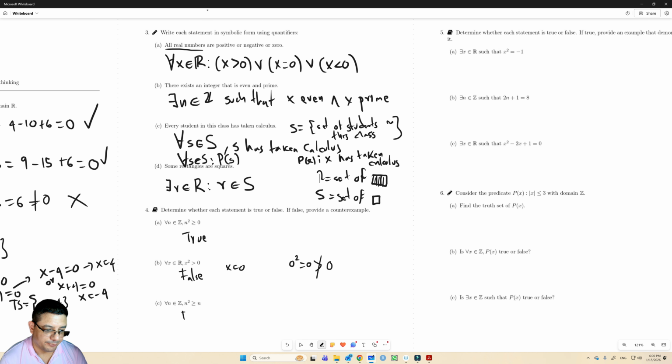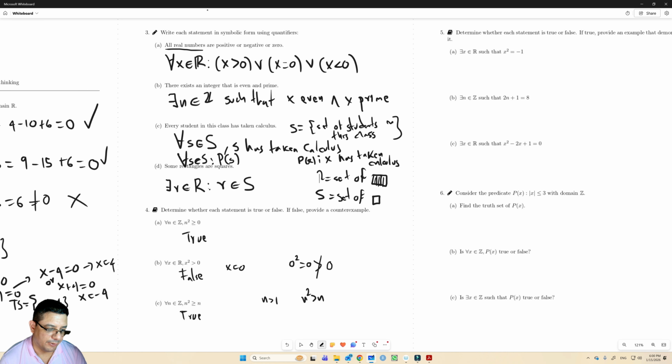Now, C says for all n in the integers, n squared is bigger than n. And this is true. This is true at least for the integers, because for the integers, we can start by n is bigger than 1. So n squared will be bigger than n.